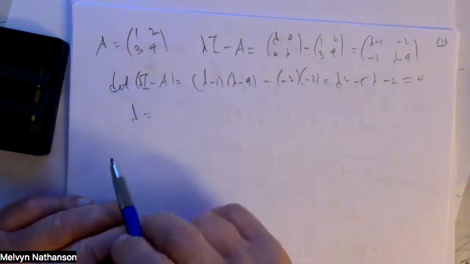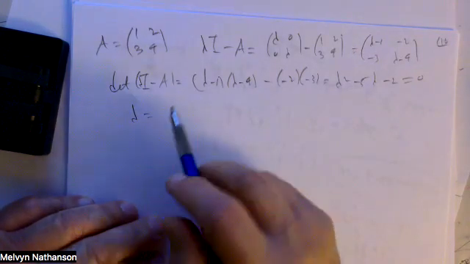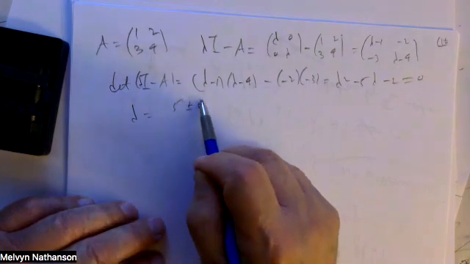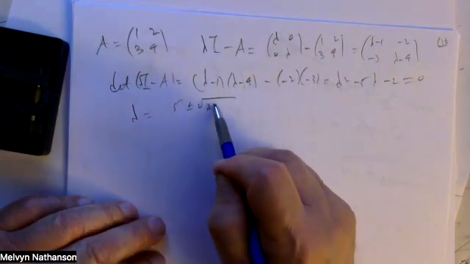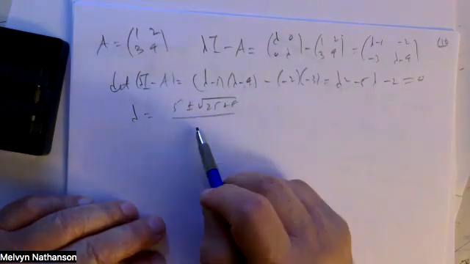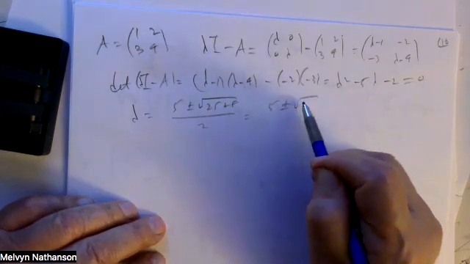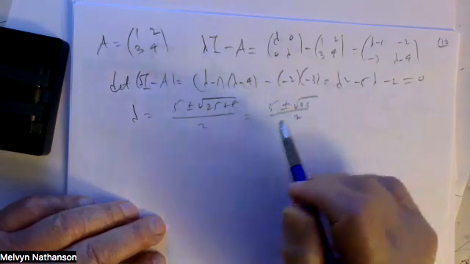So by the quadratic formula, because I don't see the other factors, lambda is minus b plus or minus the square root of b squared minus 4ac over 2a. So this is 5 plus or minus the square root of 33 over 2.